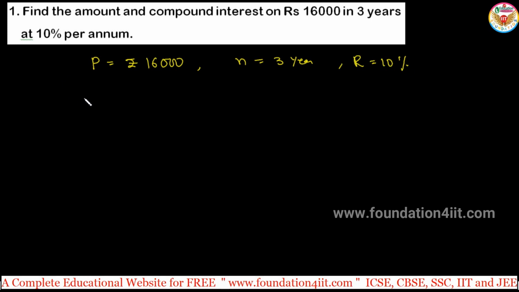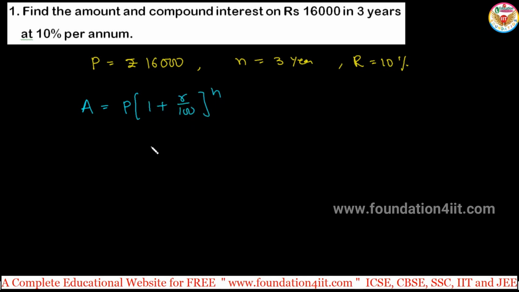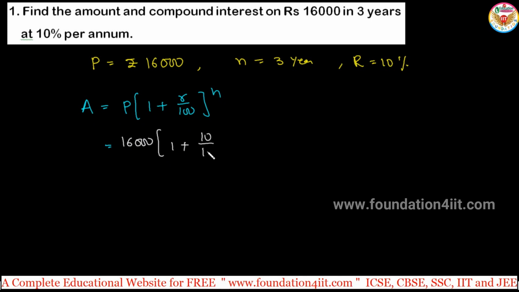In this case, amount equals P into 1 plus R by 100, all to the power N. Just apply the values. P value is 16,000, 1 plus the rate of interest 10 by 100, all to the power 3. N is the number of years, so 3 times the interest should be repeated.